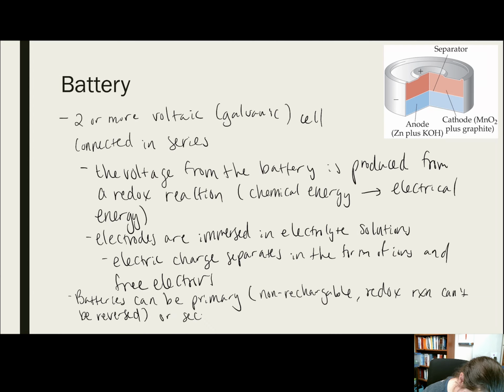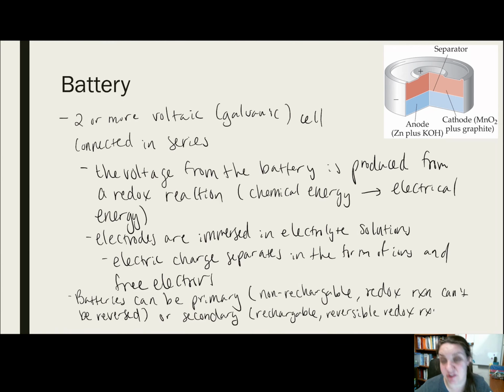Secondary batteries are rechargeable, so the redox reaction can be reversed, and that redox reaction is reversed through the introduction of electrical energy. We're just going to talk about a couple of different batteries.